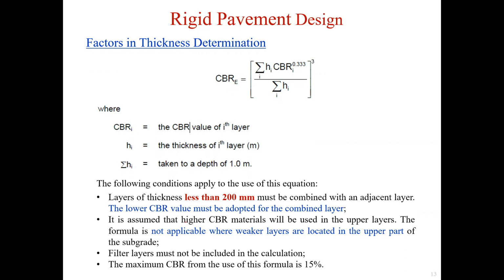In other words, the magnitude in terms of CBR has to be in descending order. If there's any filter layer, then it must not be included in the calculation. Finally, the maximum CBR for the use of this formula is 15%. So that's the 4 conditions we have to follow when using this formula.